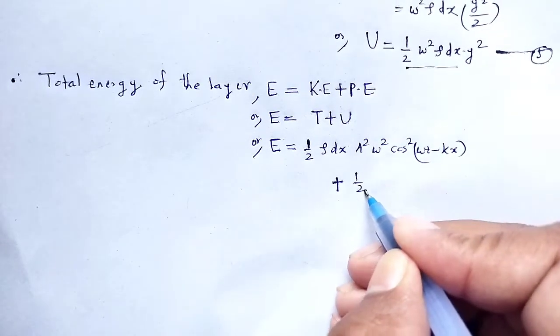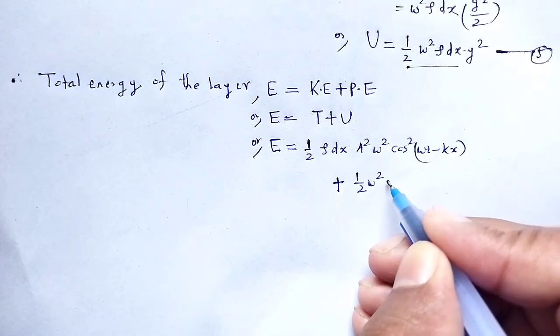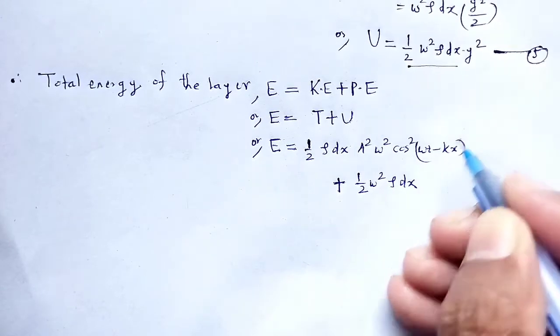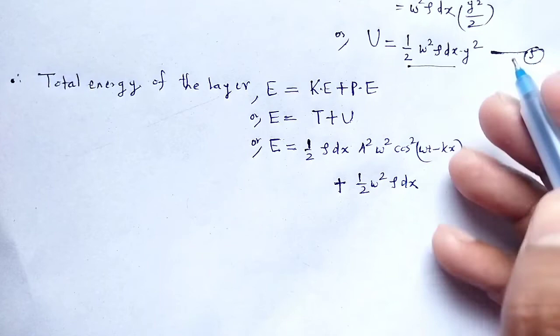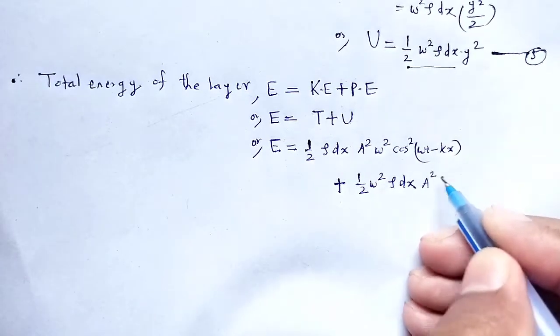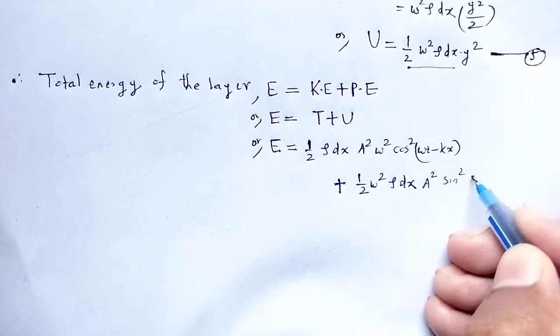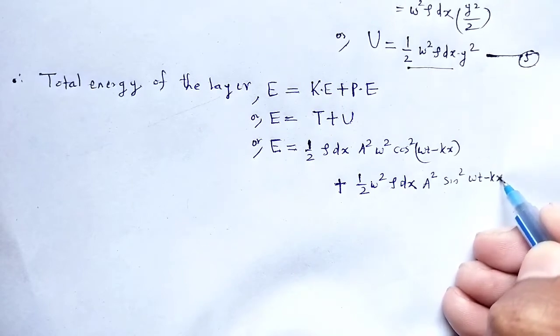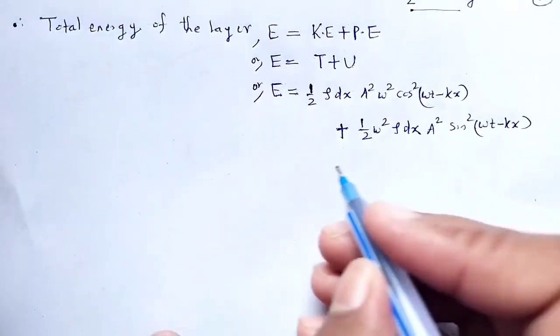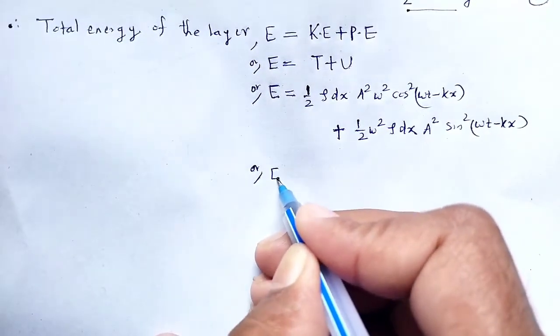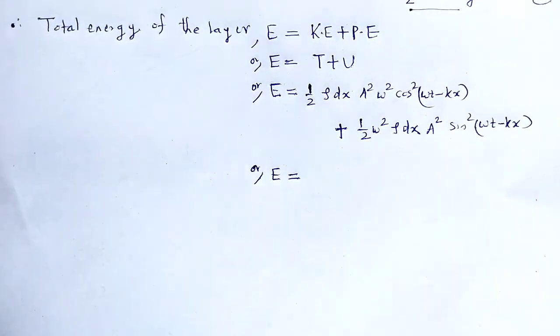So, half omega square rho dx, and we have a square sin square (omega t minus kx).